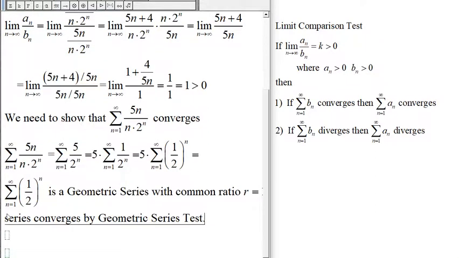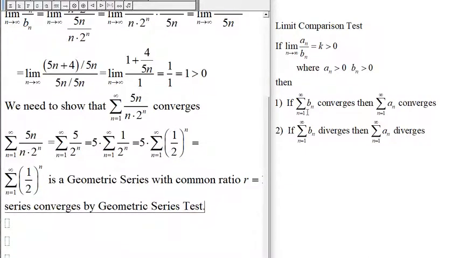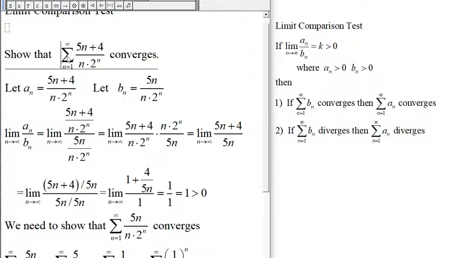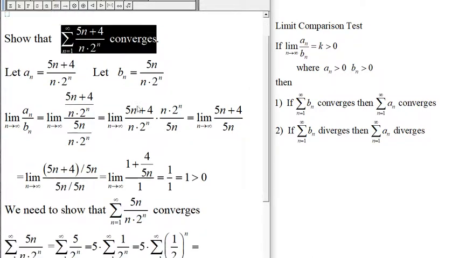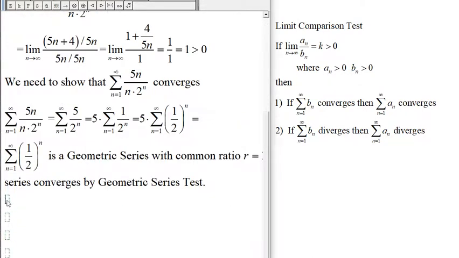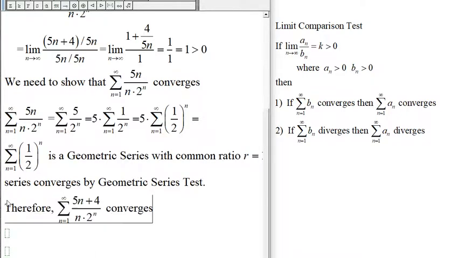And we have also shown that the series b sub n converges, and therefore by the limit comparison test, this series right here converges.